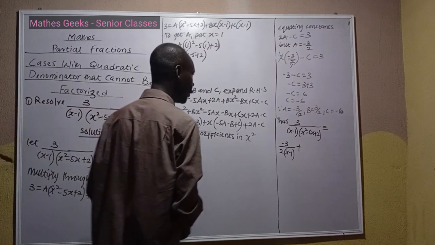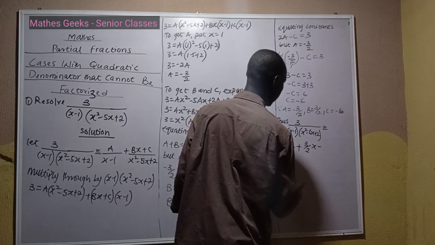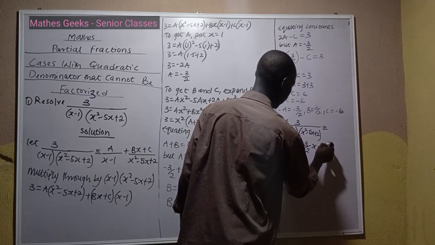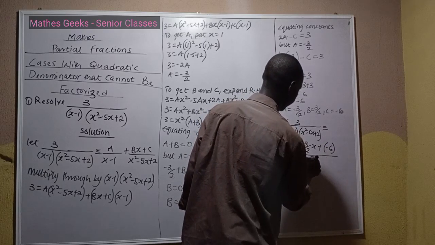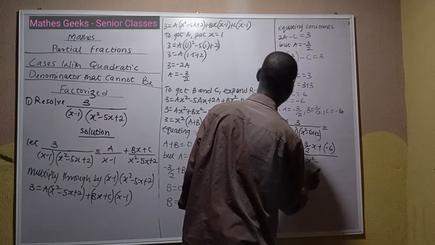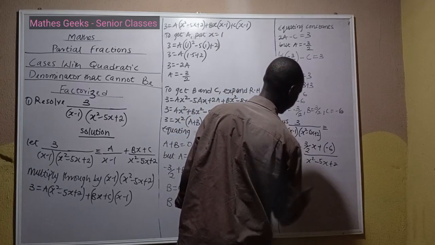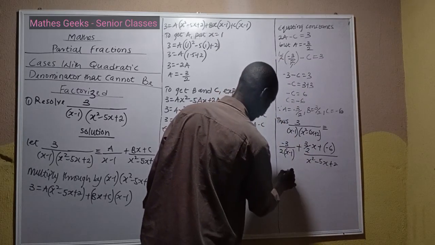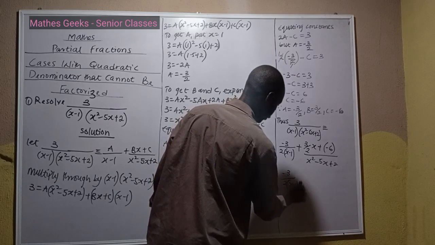So b is 3 over 2, which gives us 3 over 2x, and our c is minus 6, so plus minus 6 over x squared minus 5x plus 2. So this will give us minus 3 over 2x minus 1.